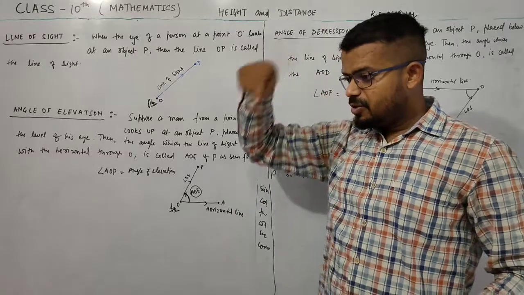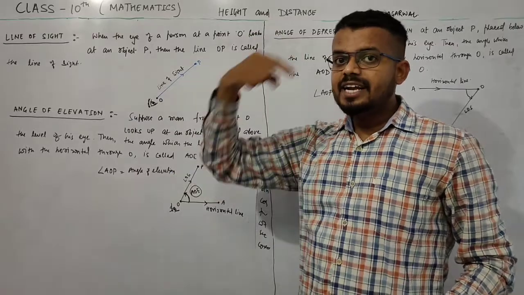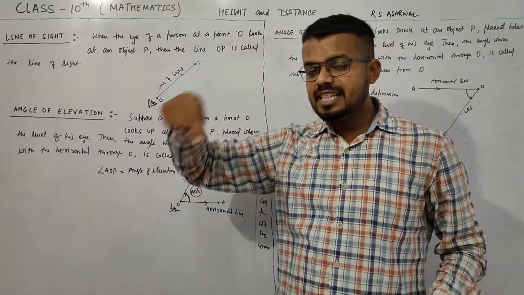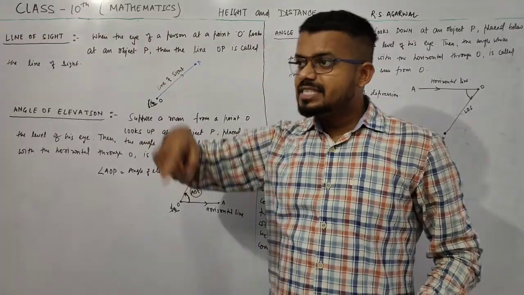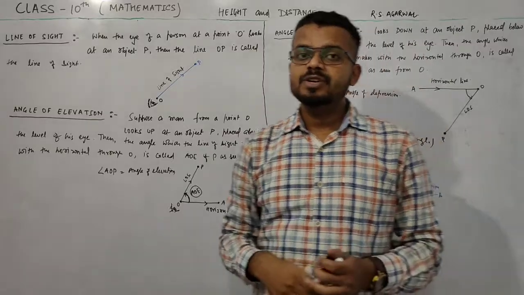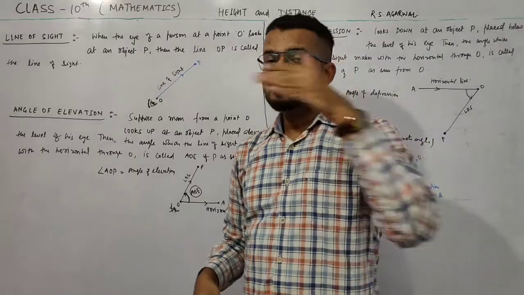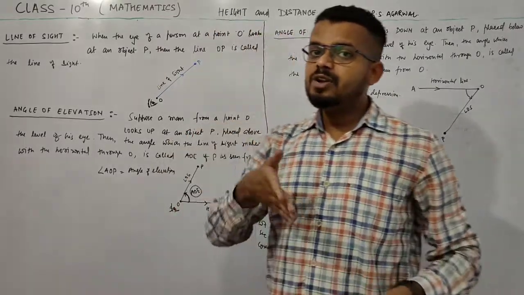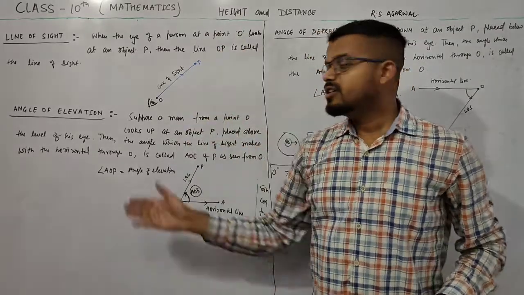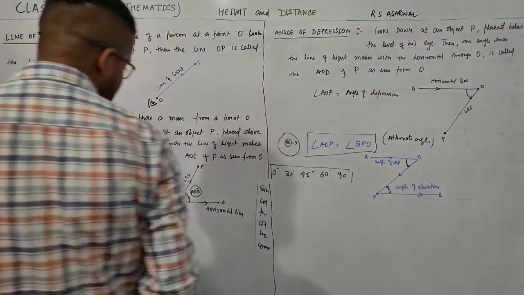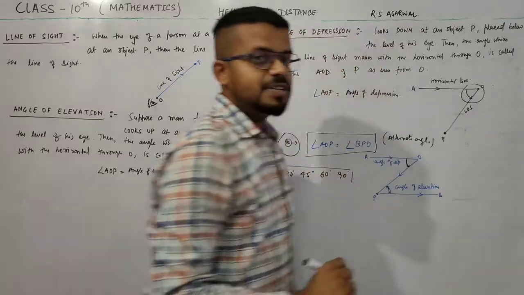When I look down, this line is called the line of sight. When this line of sight makes an angle with the horizontal line, this angle is called the angle of depression. Whenever I look down, the angle my eye makes with the horizontal line is called the angle of depression. When I look up, the angle my eye makes with the horizontal line is called the angle of elevation.